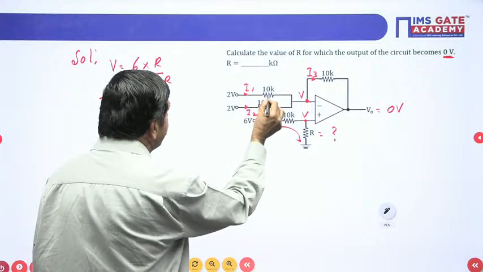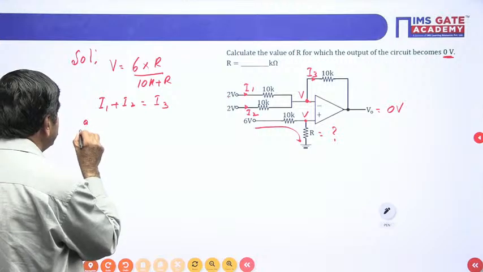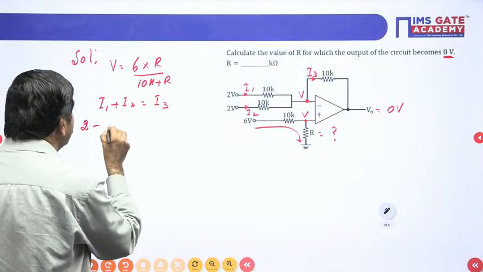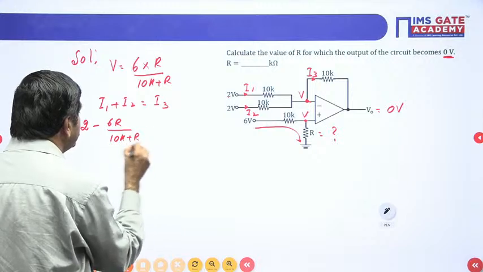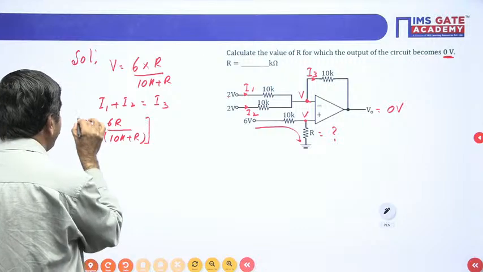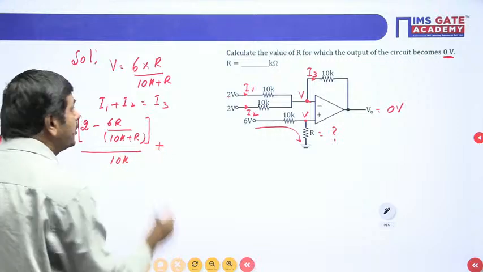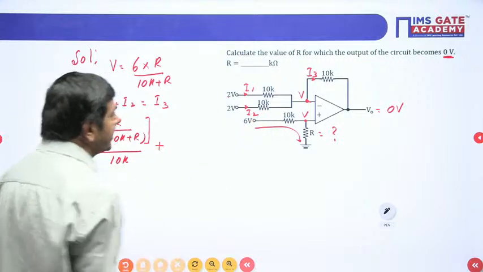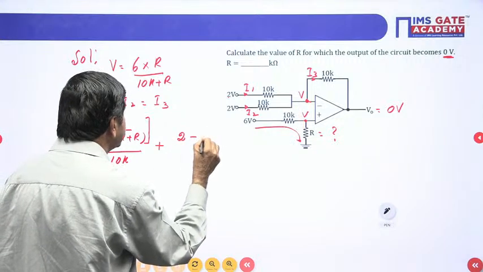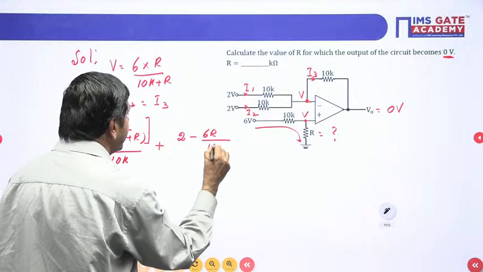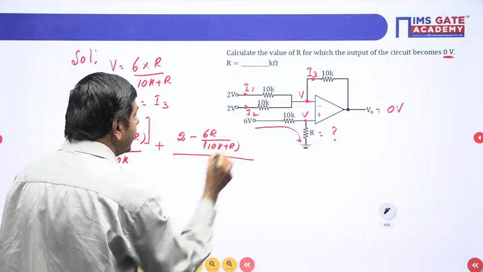I1 is nothing but the current across 10K, 2 minus V by 10K. 2 minus V is nothing but 6R by 10K plus R, divided by 10K, plus I2, which is nothing but the current passing through 10K, 2 minus V. 2 minus V is nothing but 6R by 10K plus R, divided by 10K, I can get here now.